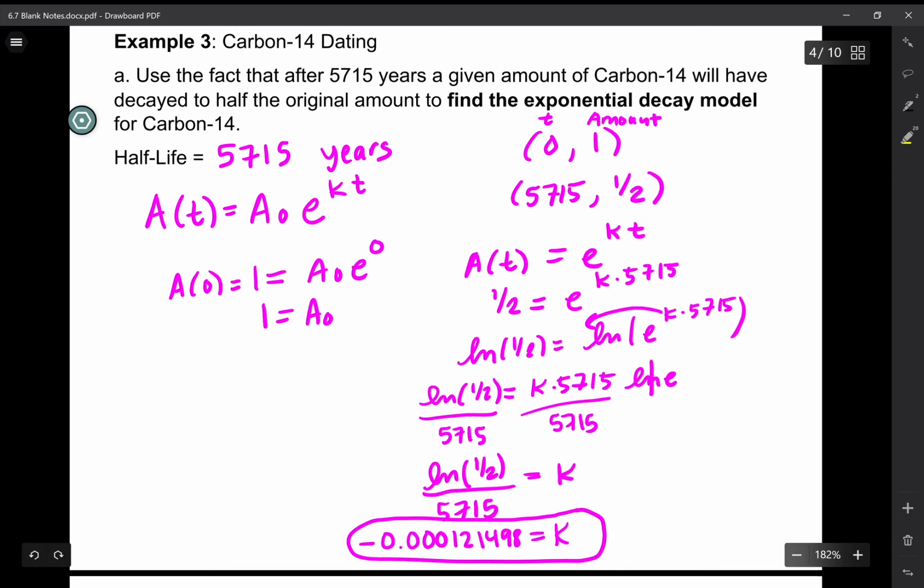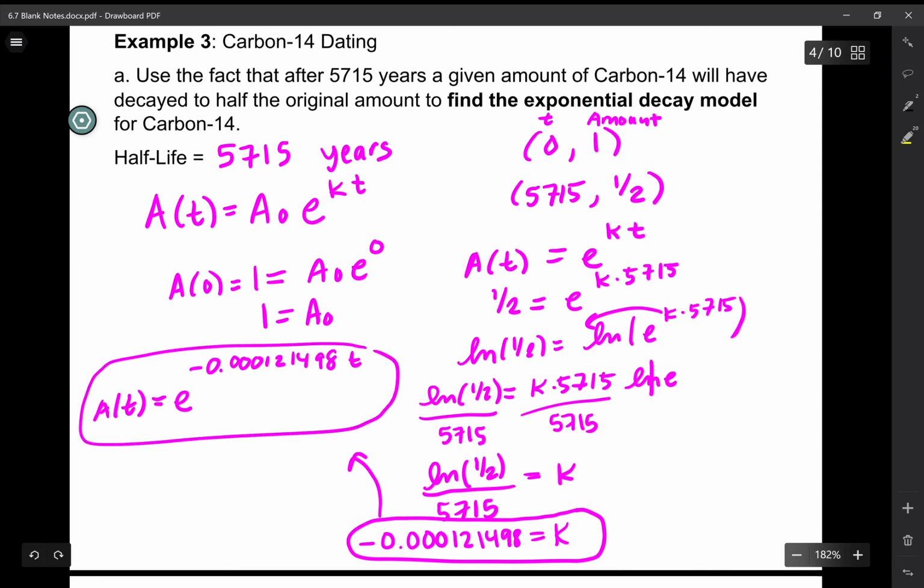Now that's not a perfect approximation. That's just as accurate as my calculator will go. All right, so my model is A of t equals 1 for A0 e to the negative 0.000121498 t. There's my model. You probably don't need to use this many decimal places. I just like to.